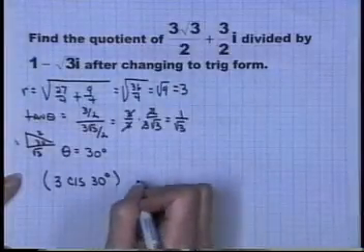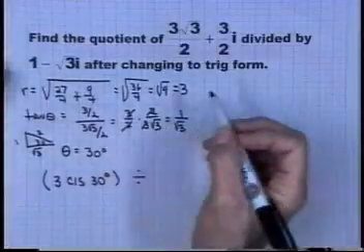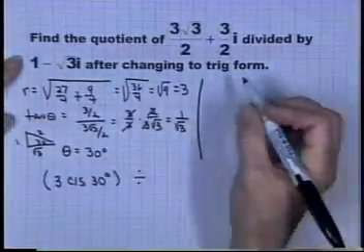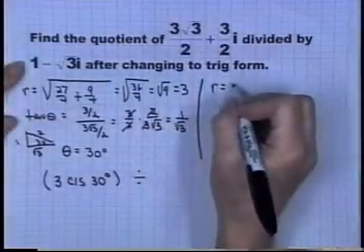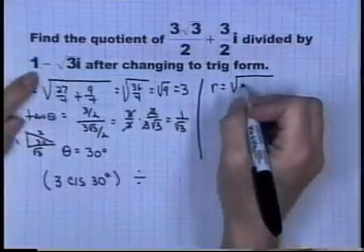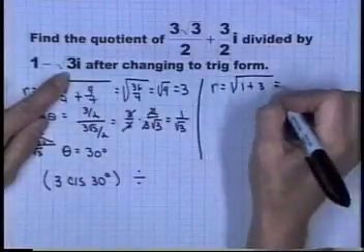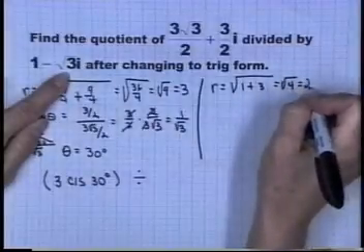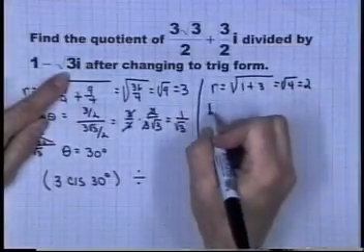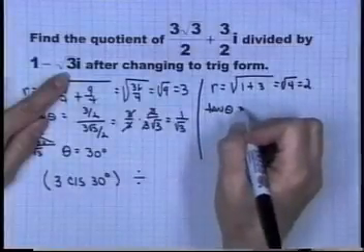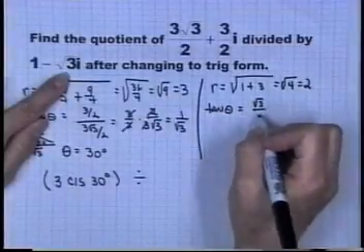Now, we're going to divide this by this one. So let's find the trig form for this one. r, okay, if I square x, I get 1, plus if I square y, I get 3. So I have the square root of 4, which is 2. And the tangent of theta is my y, square root 3, over my x, 1.